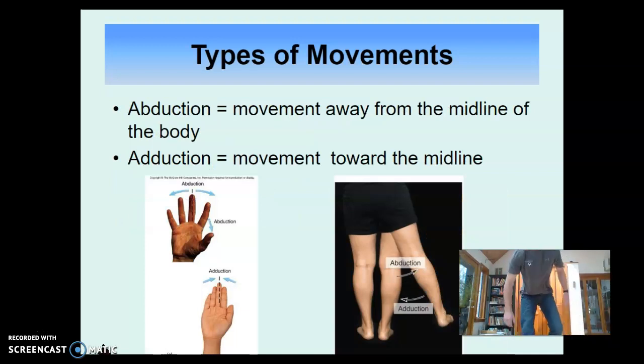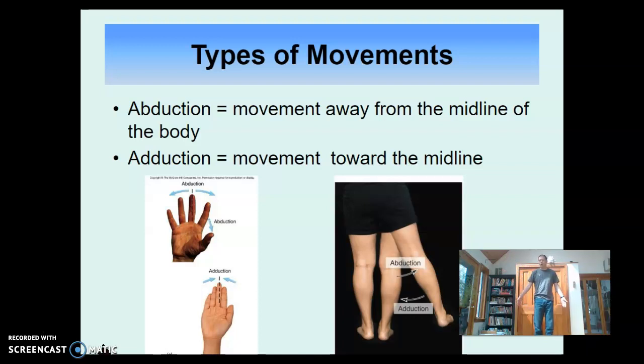So, abduction and adduction. So here, what we're going to imagine is our midline again in our body, and that imaginary dotted line right through the center from our nose through our belly button. And abduction, these words are confusing because they look very similar. You have to be very careful when you read them. Abduction is movement away from the midline, and adduction is towards.